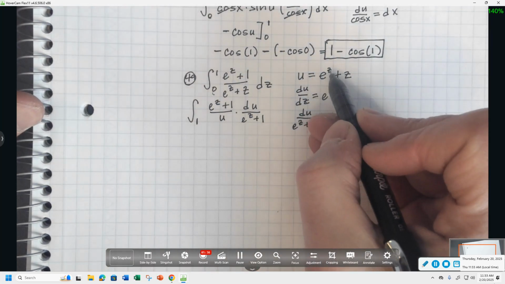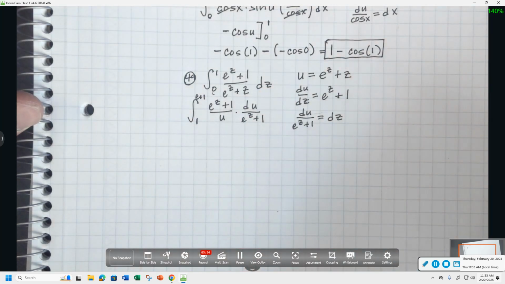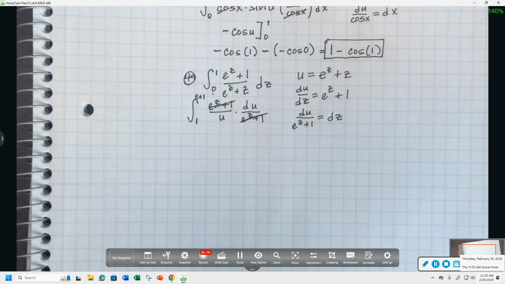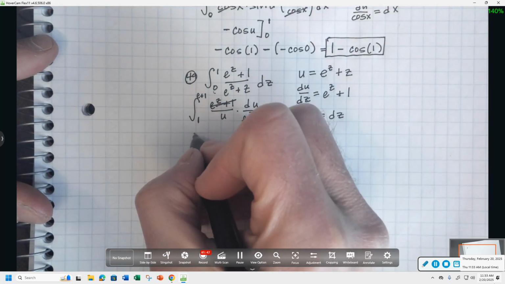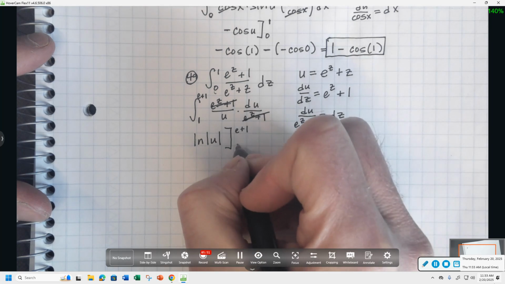We put 1 in, we got e to the first plus 1, so just e plus 1. These cancel. What is the integral of 1 over u? Natural log, absolute value, right? So we got natural log, absolute value of u, and we're doing this from 1 to e plus 1.